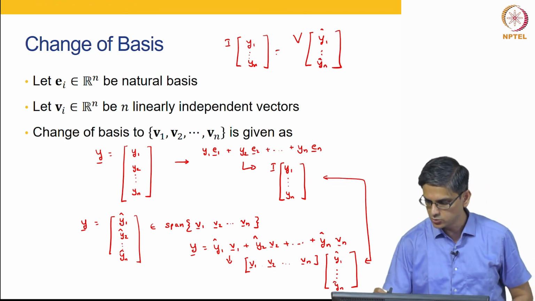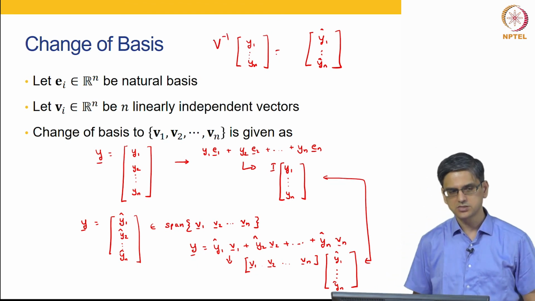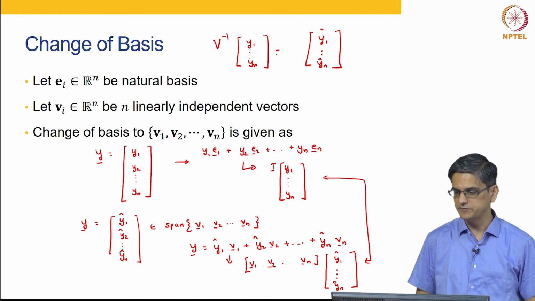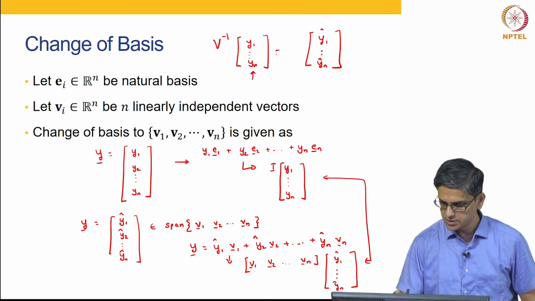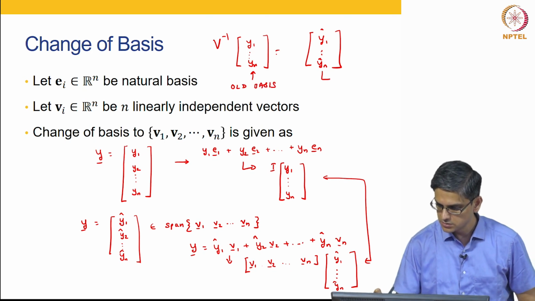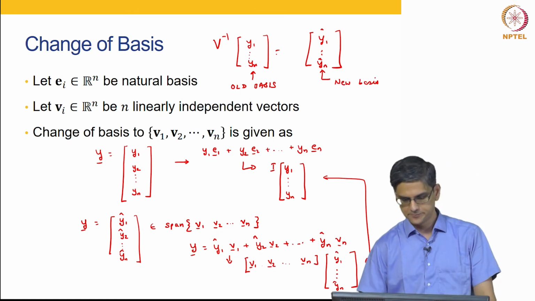So, y1 hat to yn hat is nothing but V inverse multiplied by I, which is nothing but V inverse multiplied by this. Okay. So, this is the old basis, this is the new basis. Okay.